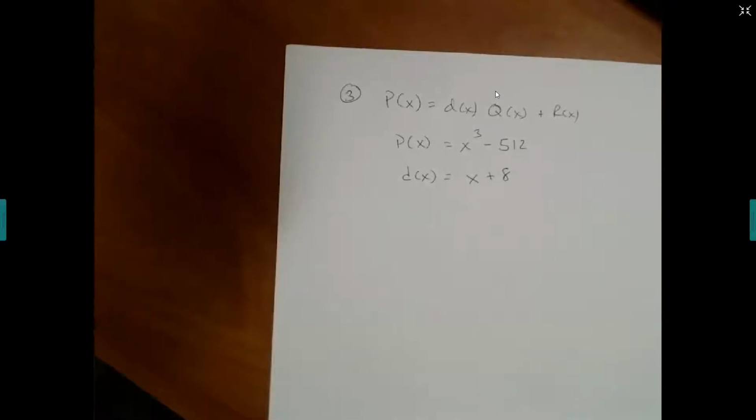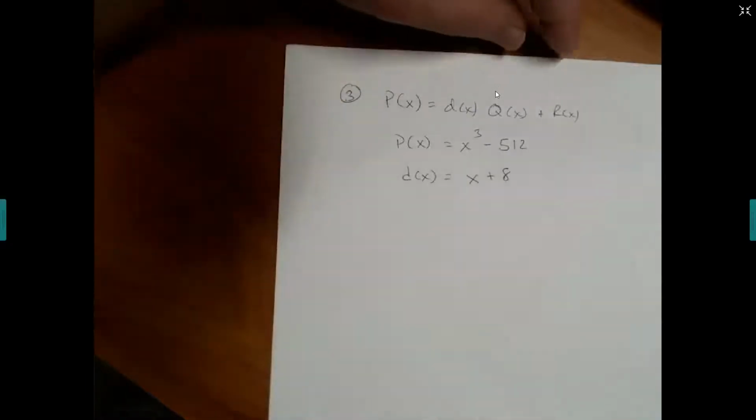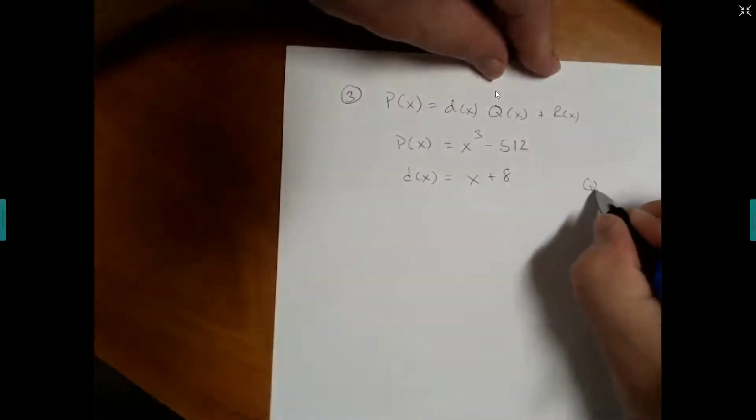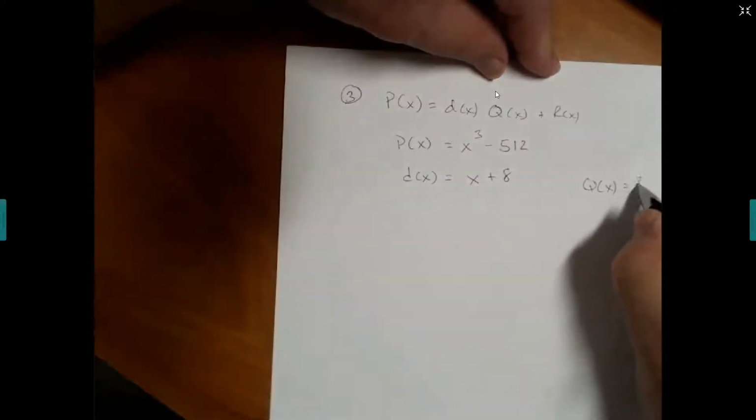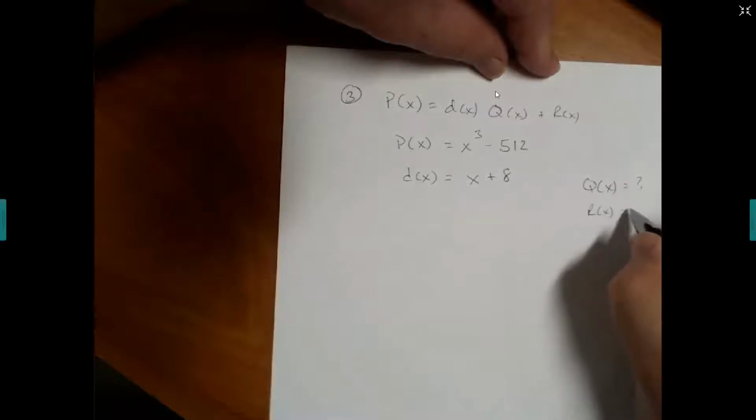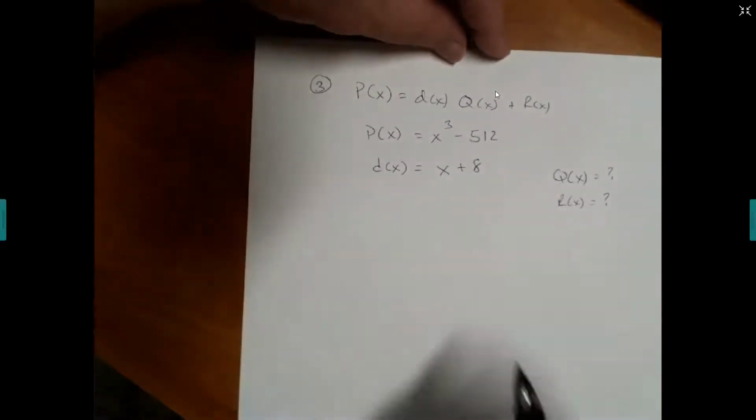So what you have to do, you have to find the q of x and the r of x. We're looking for q of x and the r of x. So we can put it in this form.